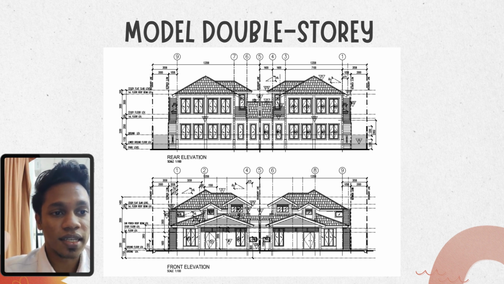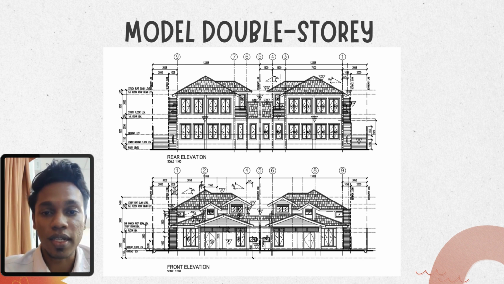As you can see, the left and right houses have similar specs and sizes. The only thing you can see here is they are twin, they look alike and continued. For our design and construction, we are using a separate method, so we'll be considering only one part of the house as a single unit double-story house.